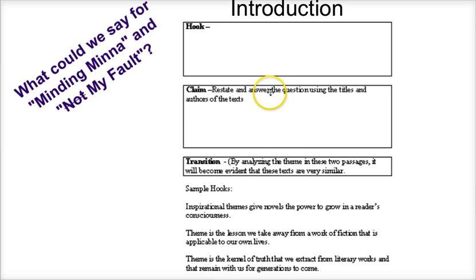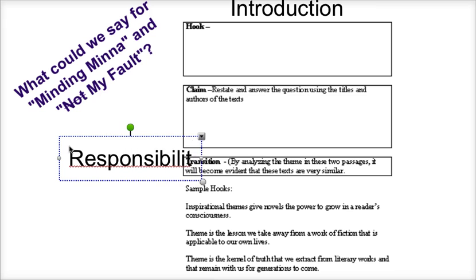I want you to be thinking about what's the claim? What are we going to claim these two texts have in common? What about Minding Minna? What did Sam learn? And in Not My Fault, what did the character learn? I think they both learned something about responsibility.